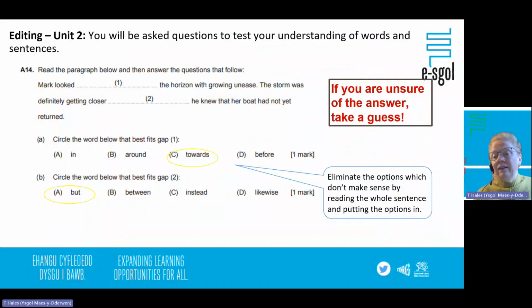Okay, so that would be the end of the reading section. So you'd then go into the editing section. And the editing section is where you're going to pick up a maximum of 5 marks for looking at the meaning of language, looking at the structure of a piece of writing and choosing words which fit the gaps. So the first question says, read the paragraph below, answer the questions.